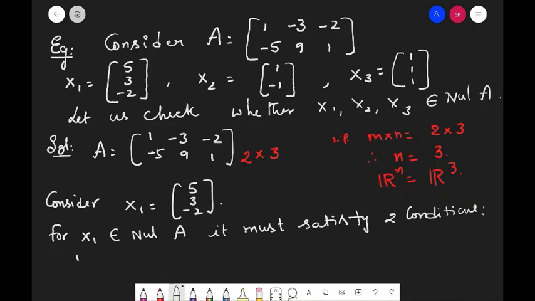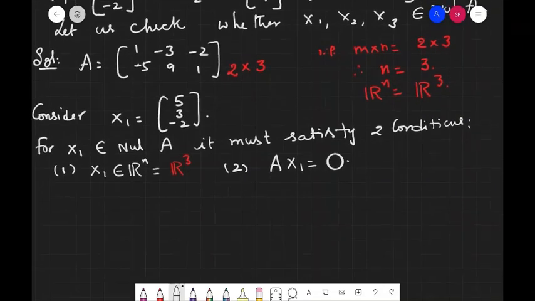First, x1 must belong to Rn. What is Rn here? That is R3, because n is equal to 3. And the second one, A into x1 must be equal to 0. So now let us see how these two conditions are satisfied.